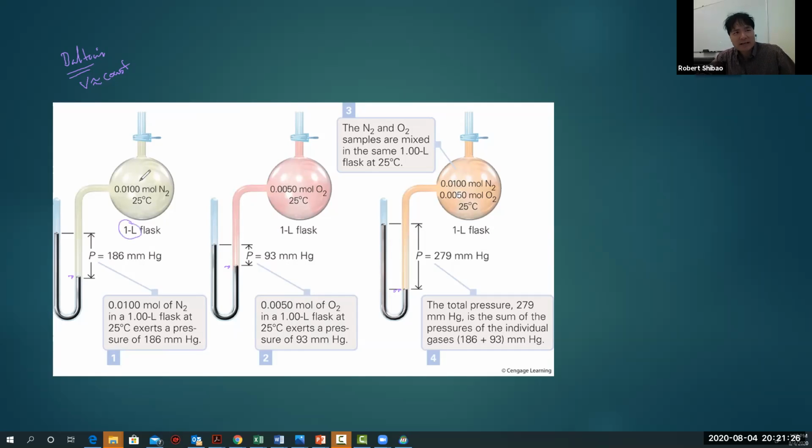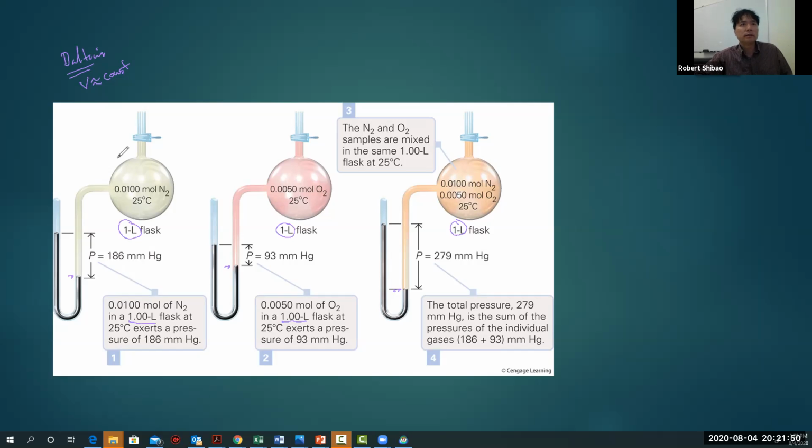Well, a 1 liter flask actually holds more than a liter. And so that's a problem. They could have made it better.